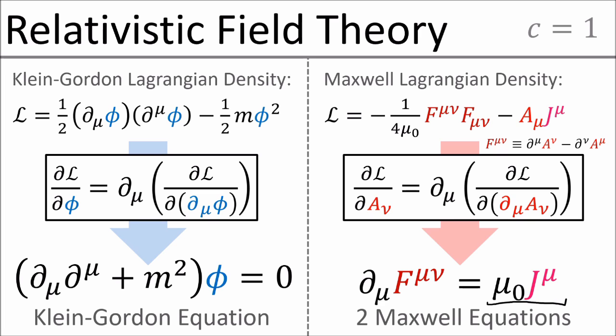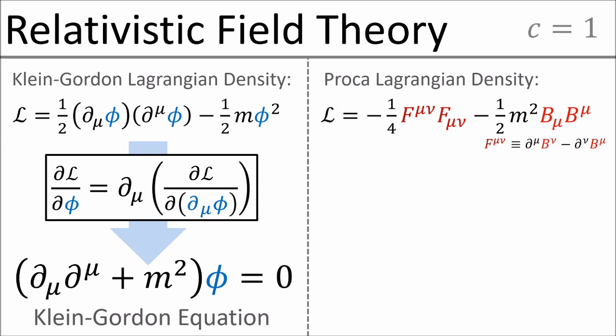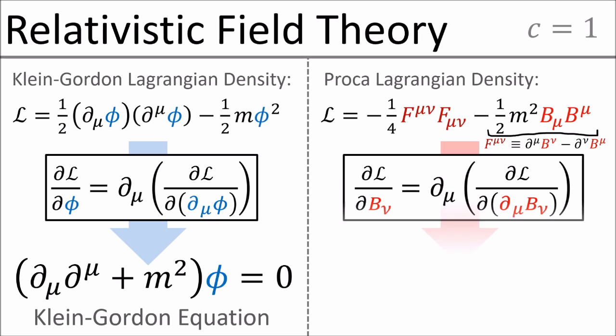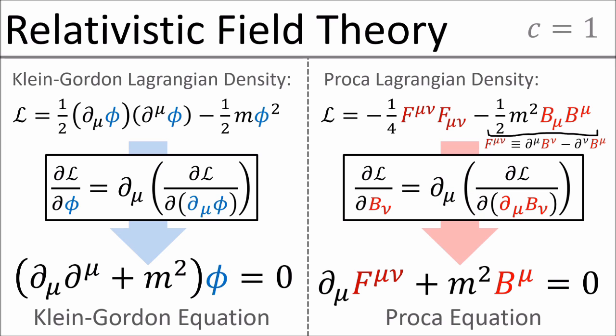Now, waves in the electromagnetic field, which are light waves, have no mass, so there is no mass term in the Maxwell Lagrangian density. However, we can include a mass term if we want, and this gives us the Proca Lagrangian density, from which we can derive the Proca equation.